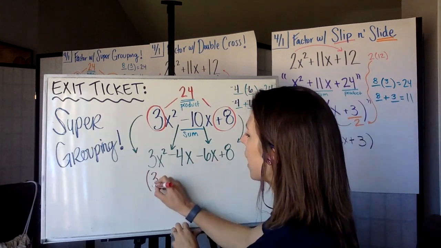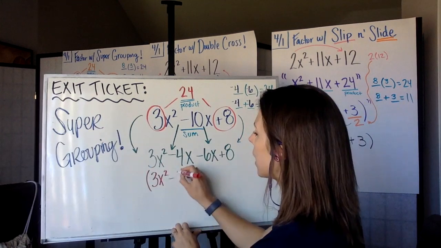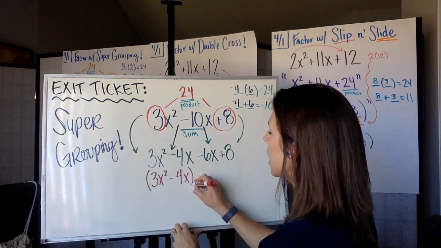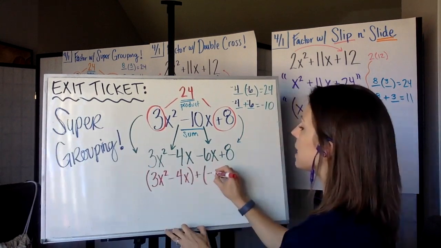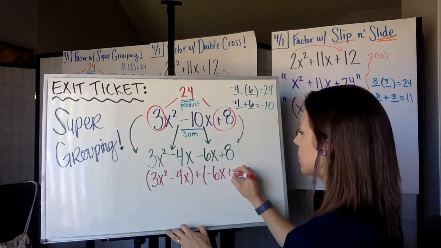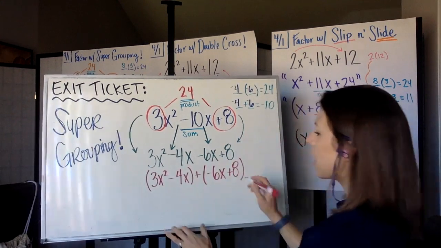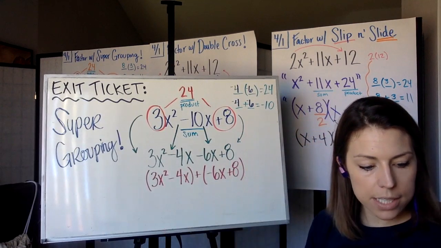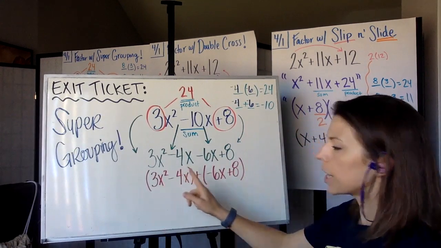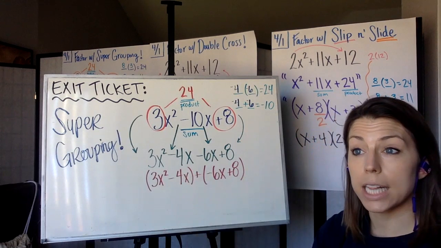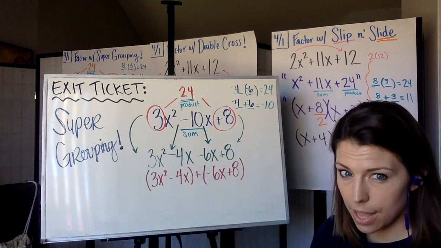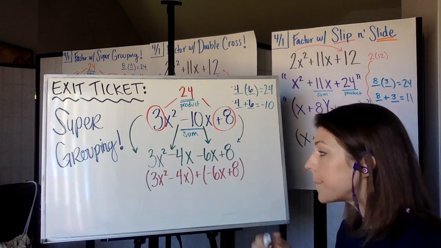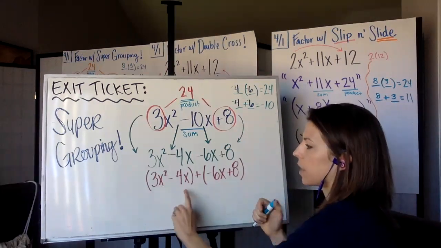So in my first group, I have 3x squared minus 4x. In my second group, I have negative 6x plus 8. Now I do my GCF factoring. What is the greatest common factor of 3x squared and 4x? Well, 1 is the only thing that goes into 3 and 4, but they also have an x in common.